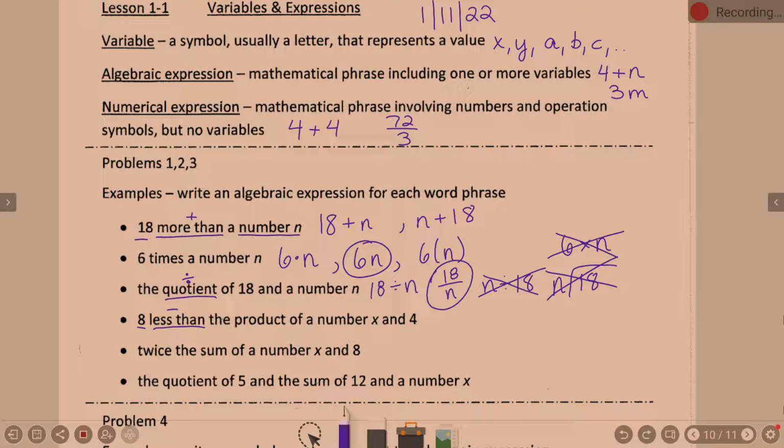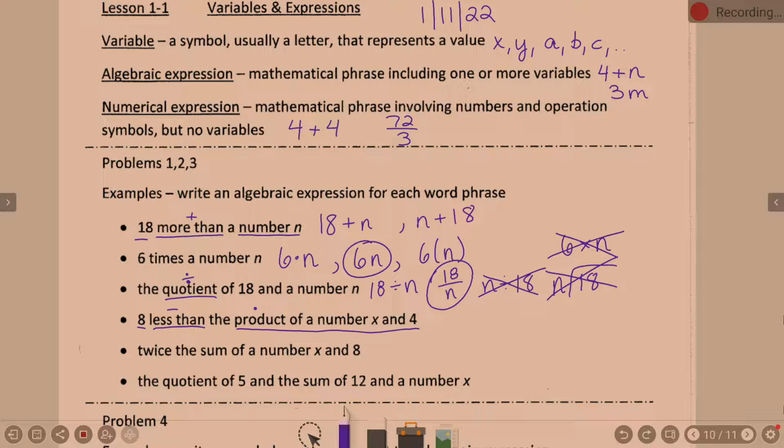And then it says the product of a number x and 4. What's product mean? We've got to know that word for math. Product being multiplication.